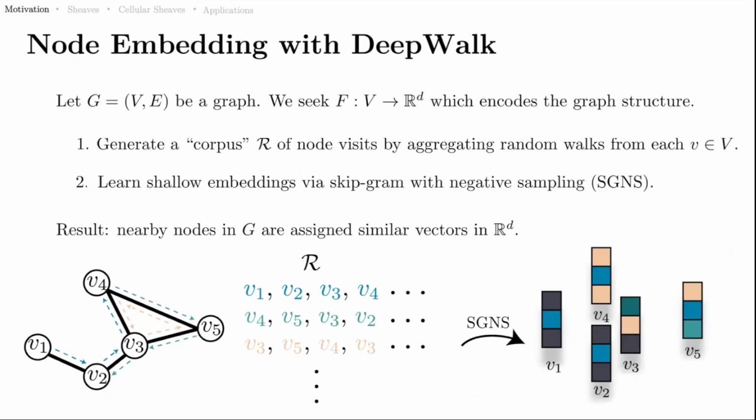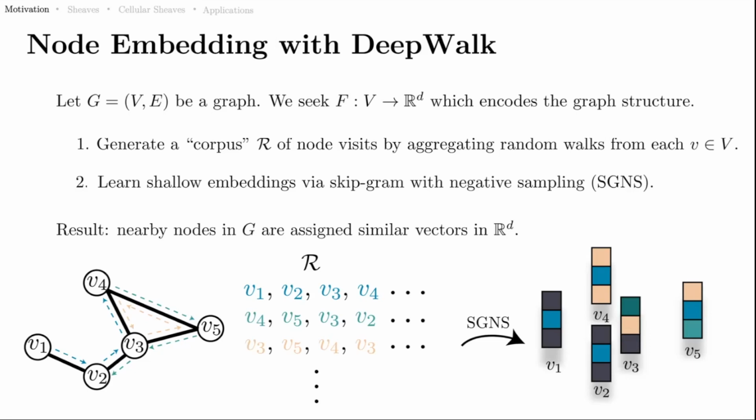As I said, we're going to look at DeepWalk, which is a node embedding algorithm. If we have a graph where V is our set of vertices, broadly we're looking to map these vertices into just some vector space, which we would hope encodes the semantics of the underlying graph.